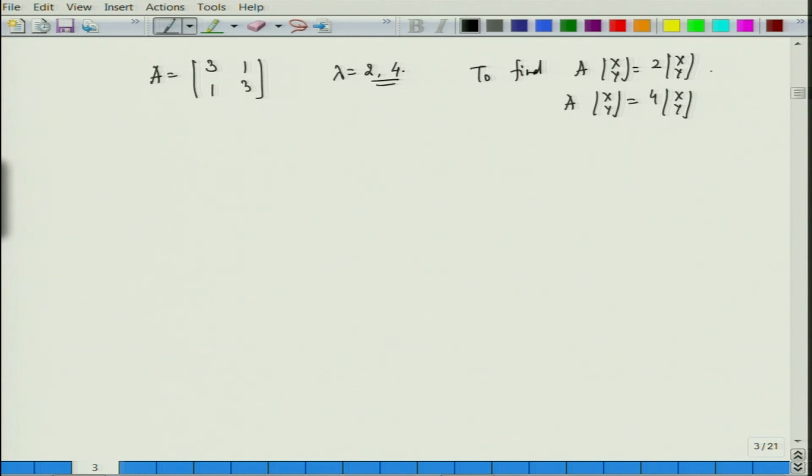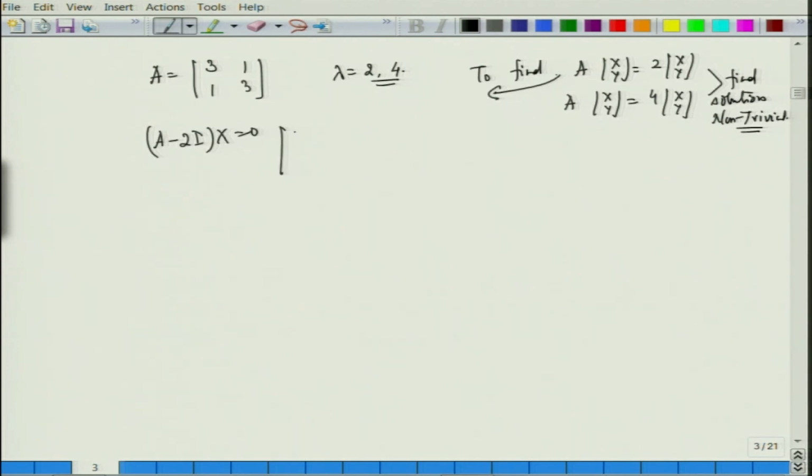I want to find solutions here, which are non-trivial solutions. The first one takes us to looking at (A minus 2I) times x equal to 0.